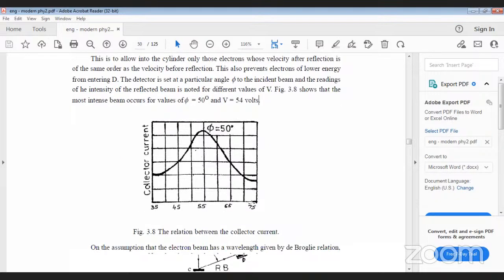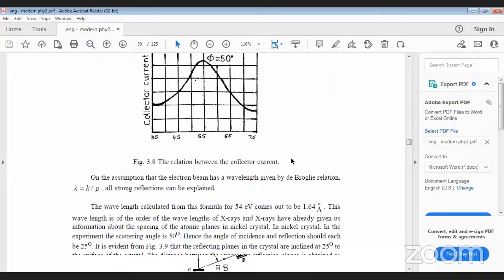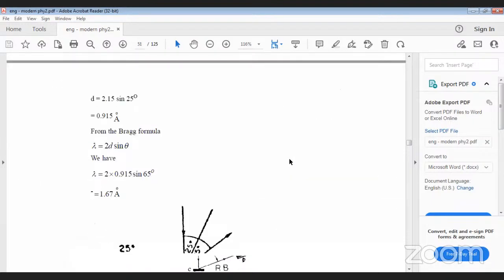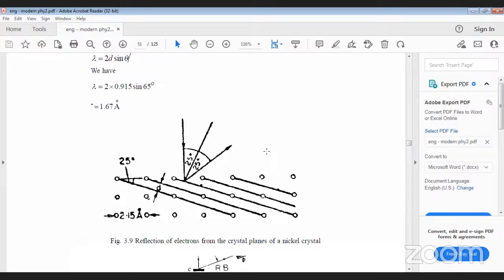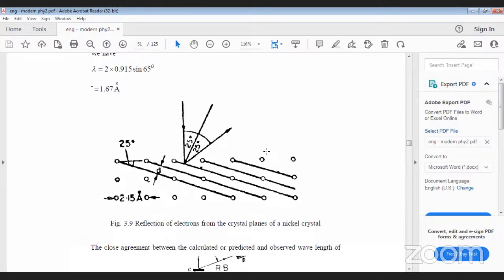See, from the graph only, with respect to the current, with respect to the voltage. Here, 50 degrees is the most intensive. Like that, this equation comes from Bragg's law, 2d sin theta equals n lambda. You substitute the d value and calculate the lambda value.